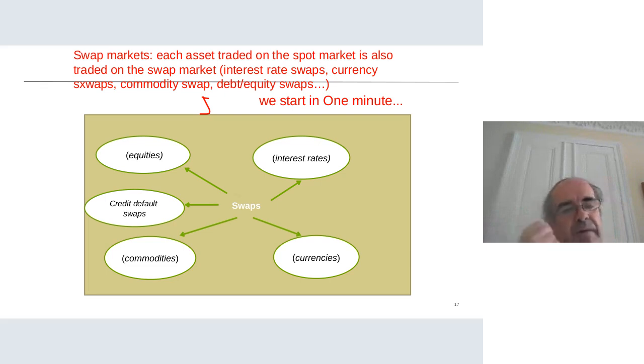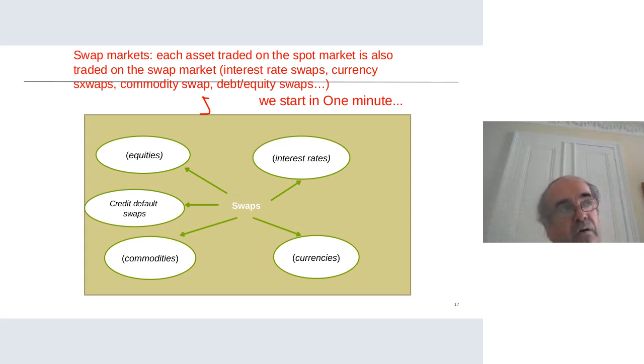Imagine now you want to go to a fixed rate debt because you think that the variable rates, the short-term rates, will increase, will move up, and you don't want to pay a higher interest rate on your variable rate debt.